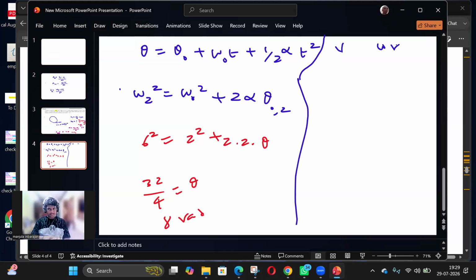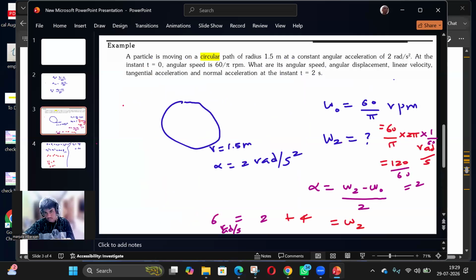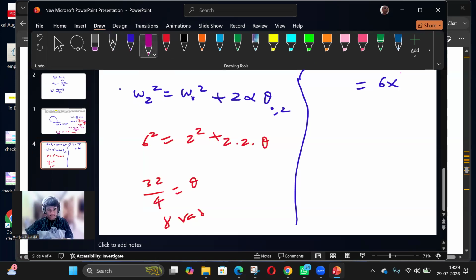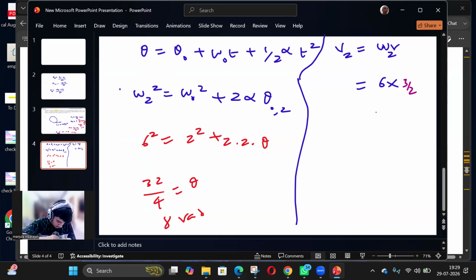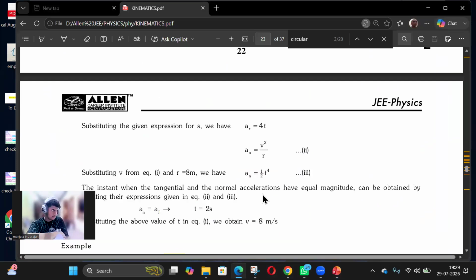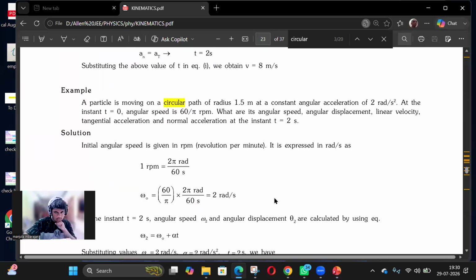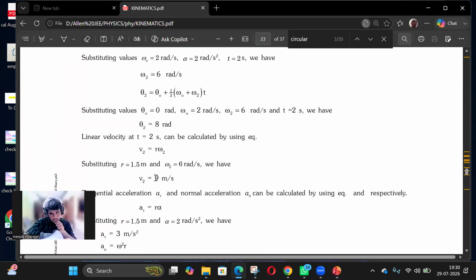Omega at 2 seconds is 6, into radius 1.5, which is nothing but 3 by 2. So it is 9 meter per second.